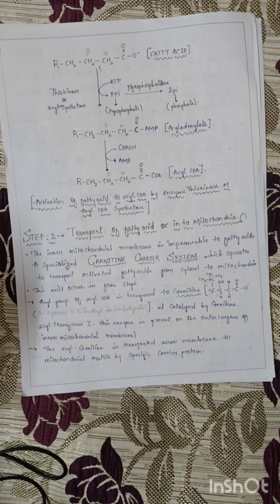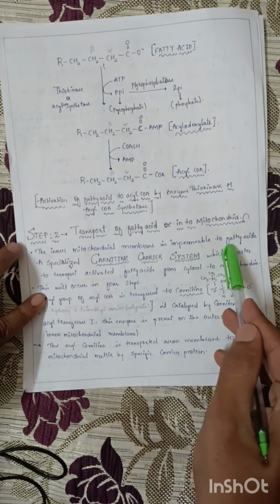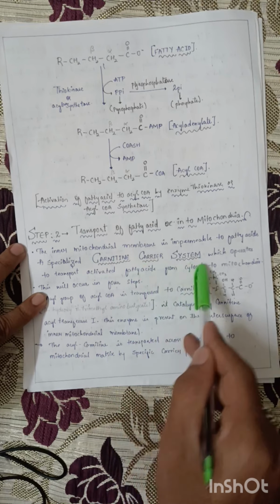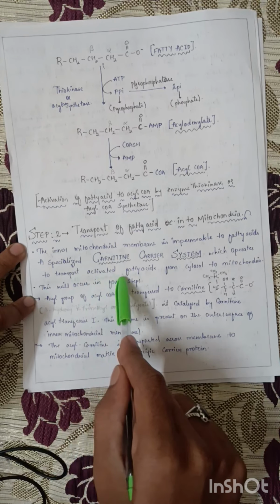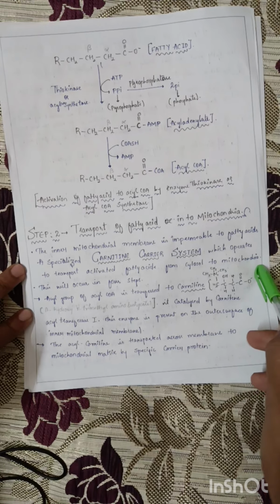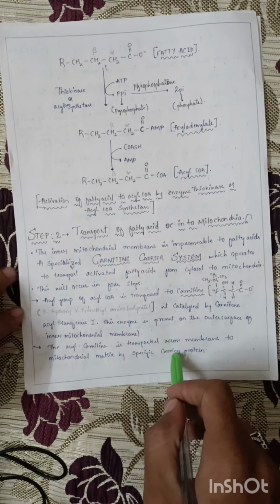Then we have our second step of beta oxidation, transport of fatty acid from the cytosol into the mitochondrial matrix. The inner mitochondrial membrane is impermeable to the fatty acid, so a specific carnitine carrier system operates to transport activated fatty acid from the cytosol to the mitochondria. It occurs in four steps.